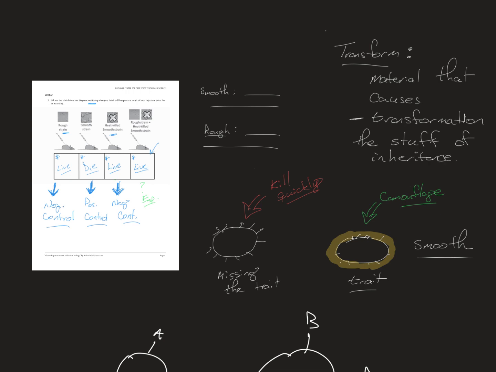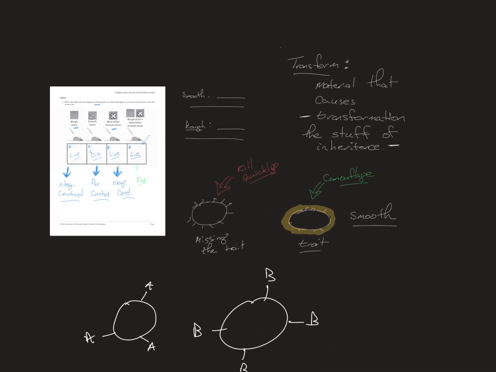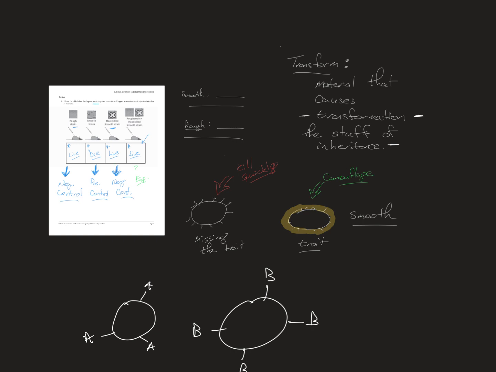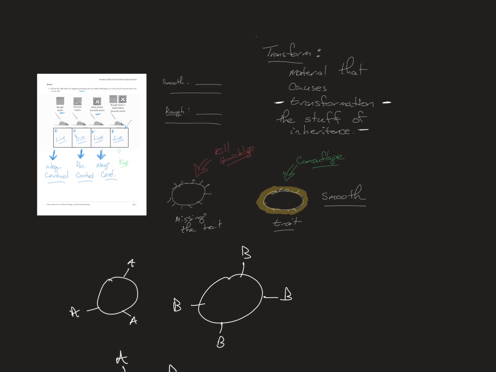So they're looking for the stuff that you inherit from your parents, the stuff that life passes from one generation to the other to allow traits to transform a creature, right? So this is a transformation of bacteria. That's the thought. Let's see what happens.